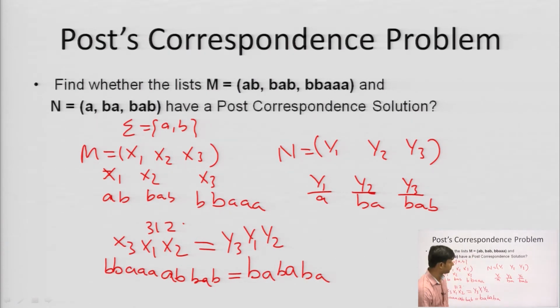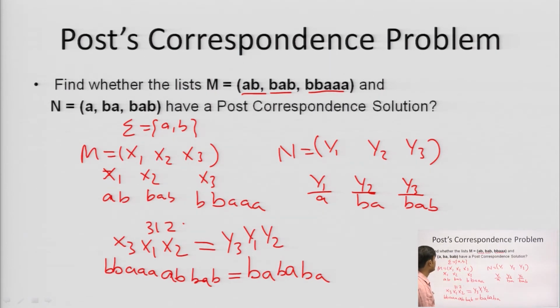Why will we not find a solution? Why does this PCP not have a decision? Because of length. You check the lengths and the lengths are different.